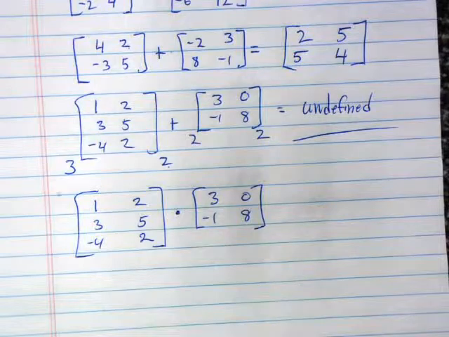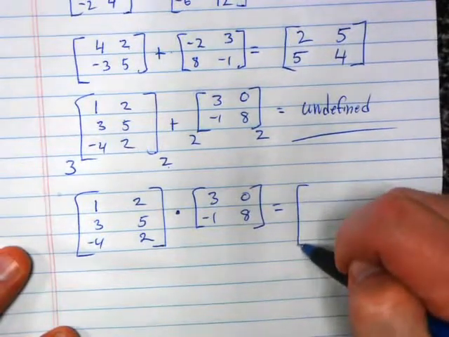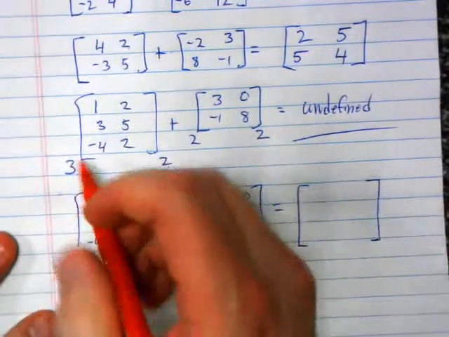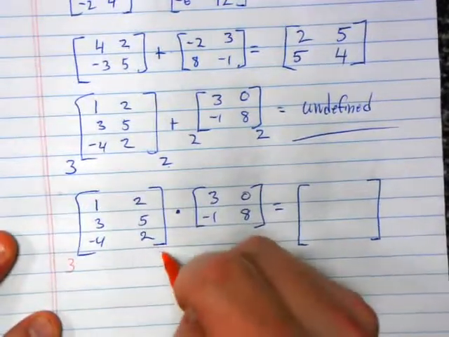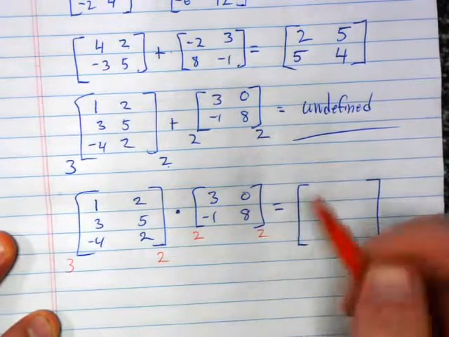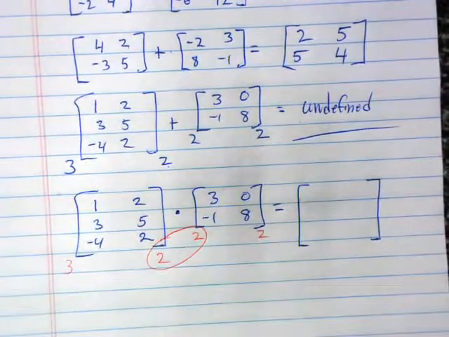You can multiply those, even though they're not the same size? Yep. All right, so how does multiplying work? Okay, so this one is 3 by 2, 3 down, 2 across. This one's 2 down, 2 across. In order to multiply, those two numbers have to match.